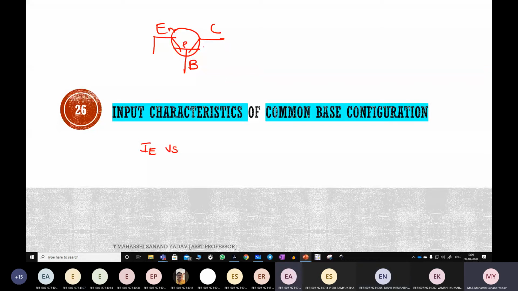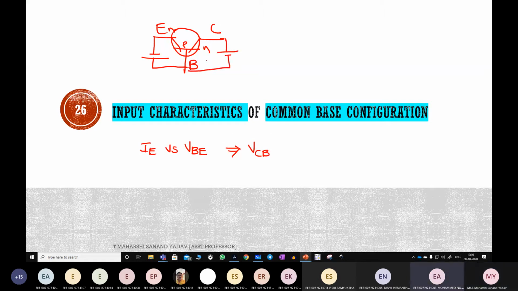If this is N, P and N, this will be negative, this will be positive. Is it VBE or VEB? VEB. So the input current and input voltage are for different values of output voltage. Is the output voltage VCB or VBC? VCB. So for this relation, now I need to draw the graph.